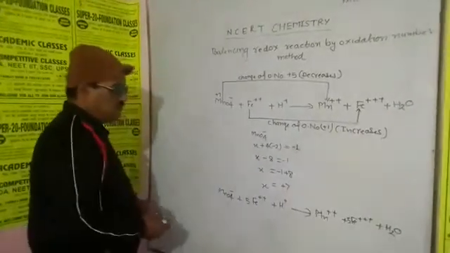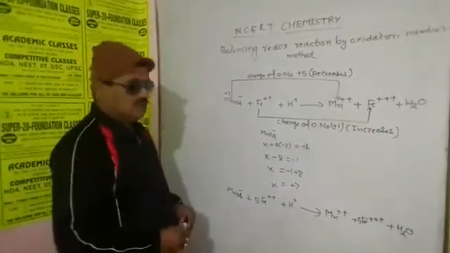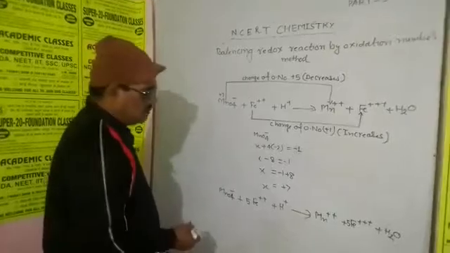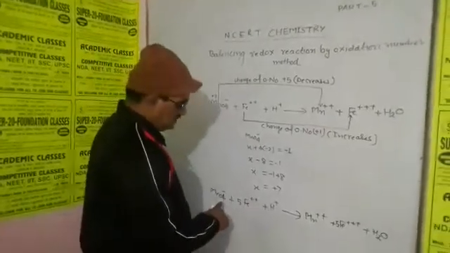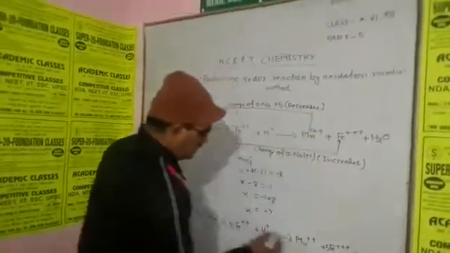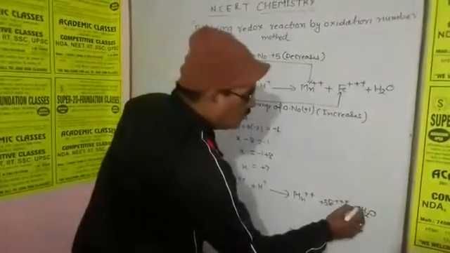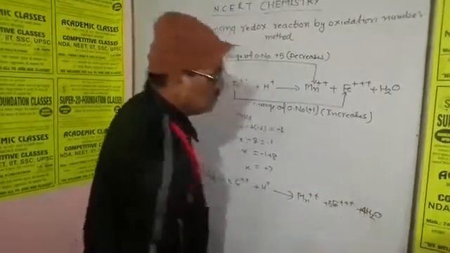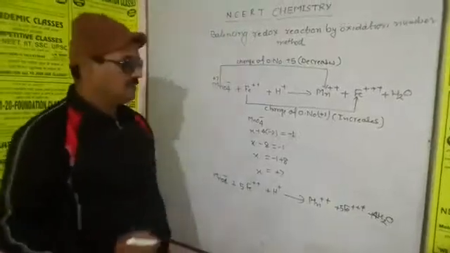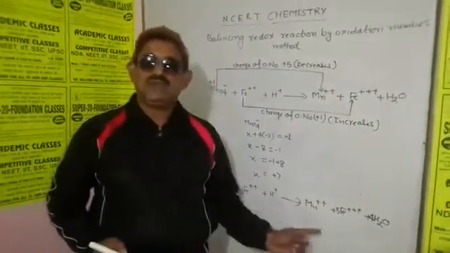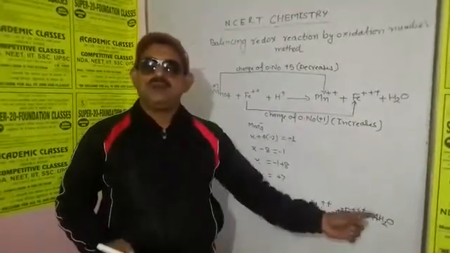Then first you balance the oxygen with the help of water. Where oxygen is 4, then you multiply by 4 water here, because you know in the ion electron method oxygen is balanced with the help of water.